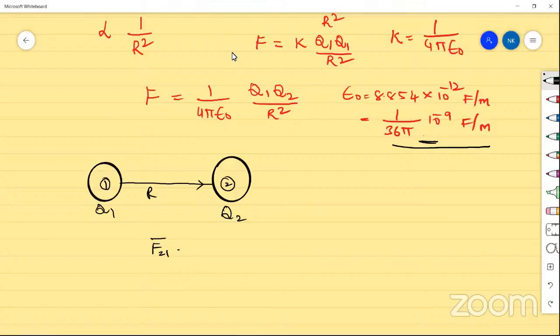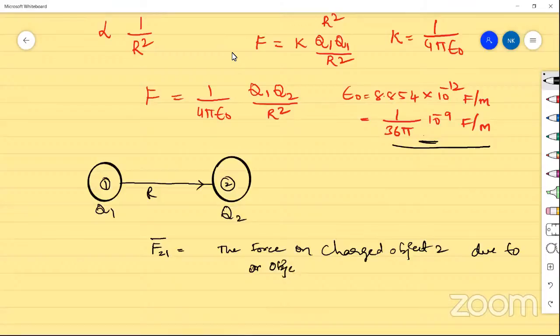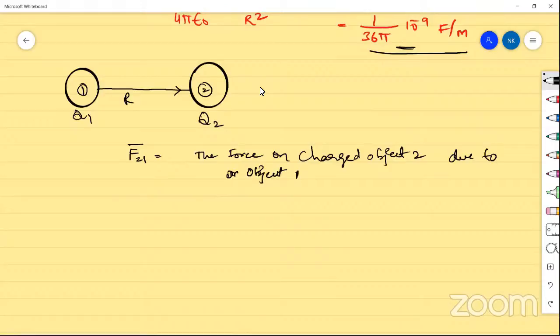F21 bar is the force on charged object 2 due to object 1. The direction will be like this. So R is the distance, R bar is the vector, AR is the unit vector.